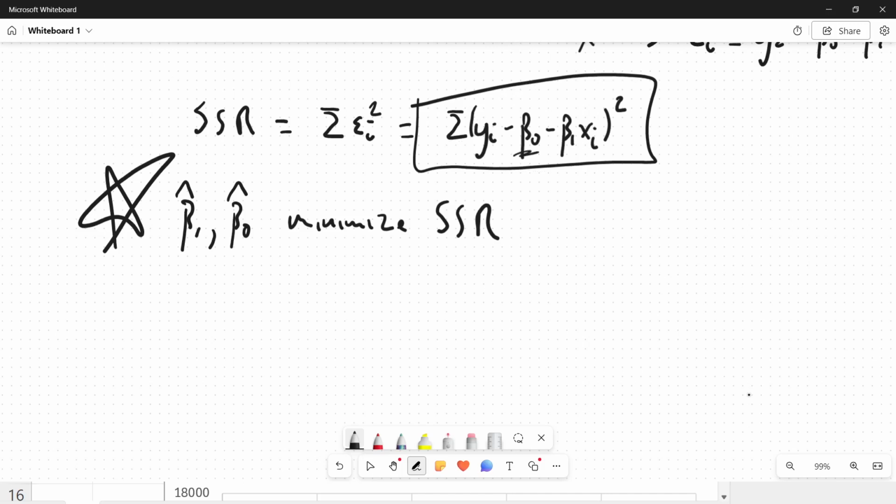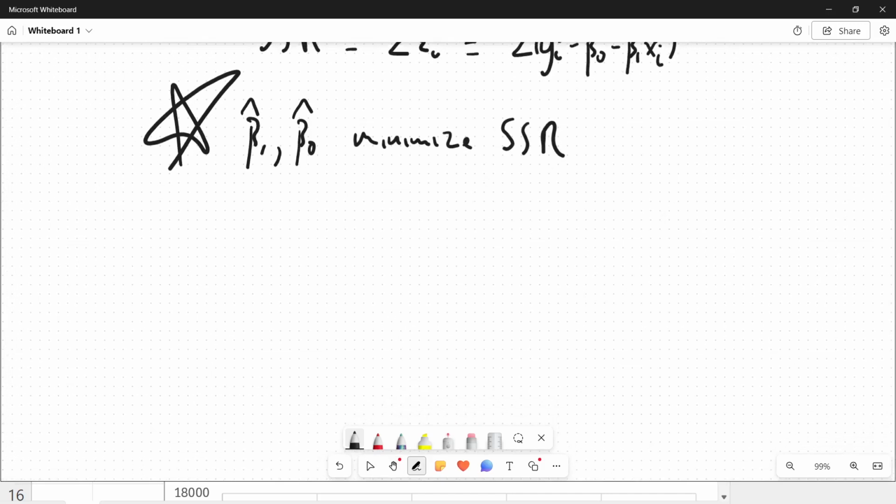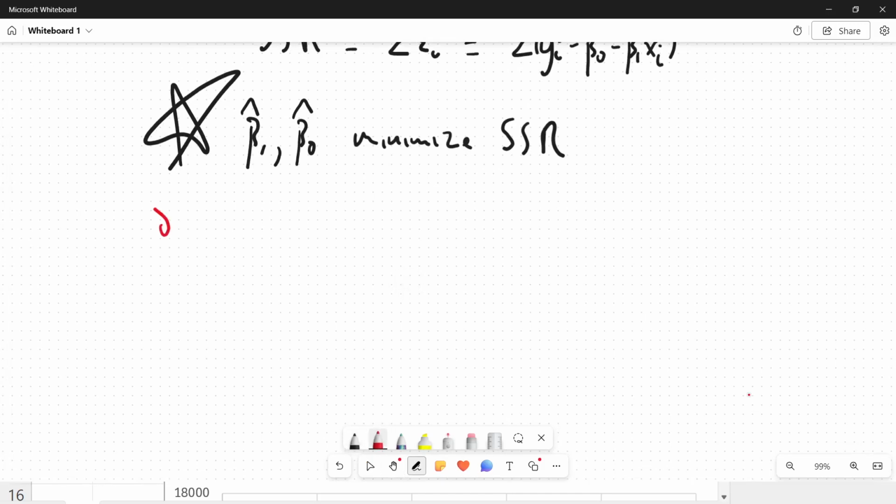They each have two variables in them that I want to minimize with respect to. So I'll have two first-order conditions. It will go like this. Take the partial of the SSR with respect to beta 0, and then take the partial of the SSR with respect to beta 1. And if you've never taken calculus, don't worry about it too much. I'll show you how this works.